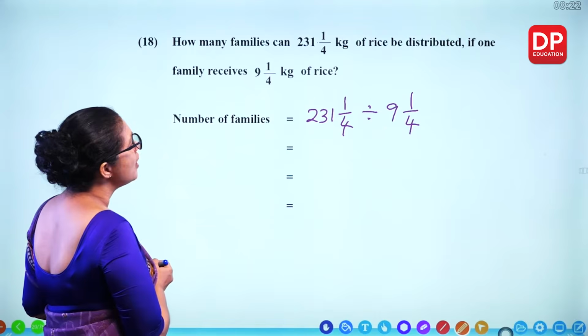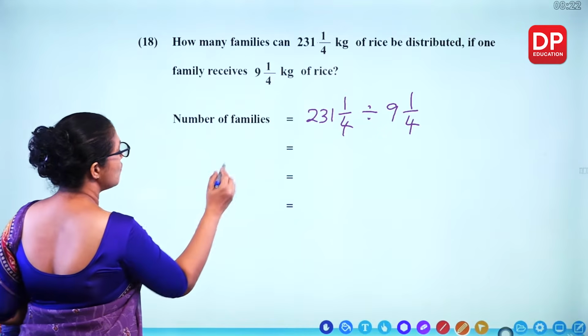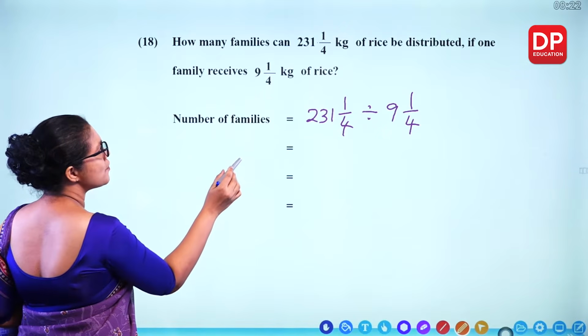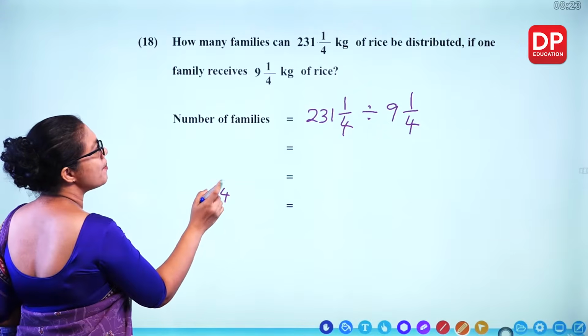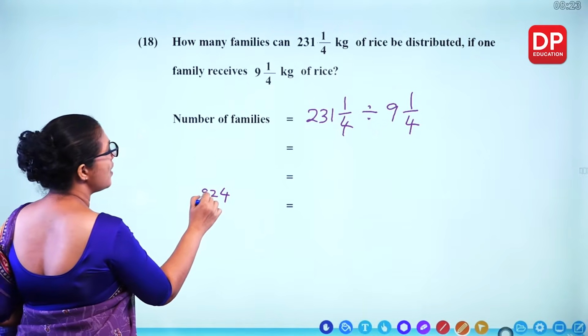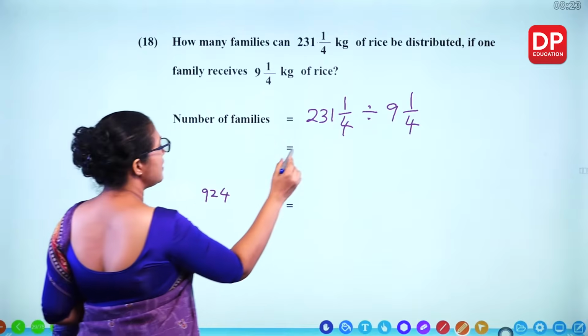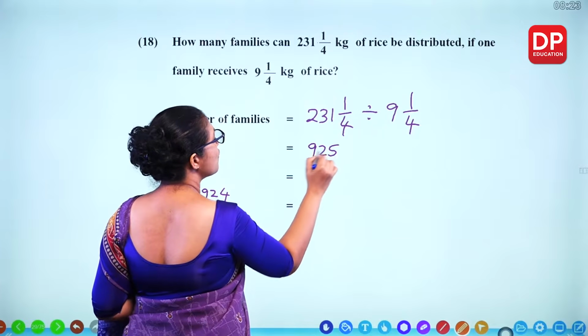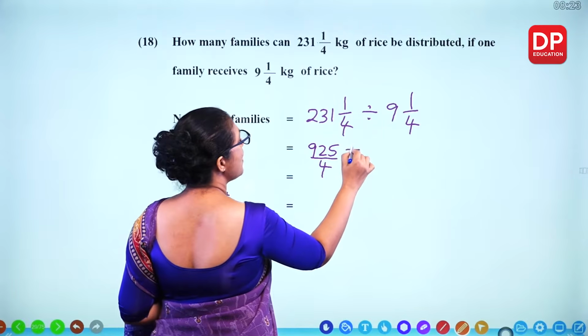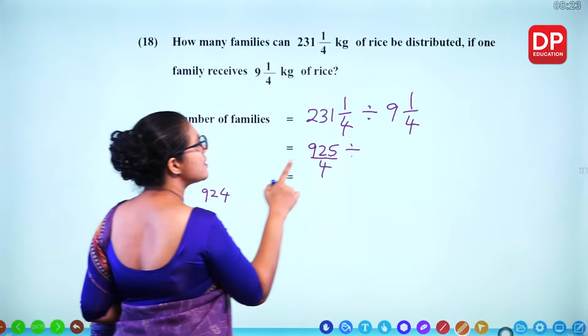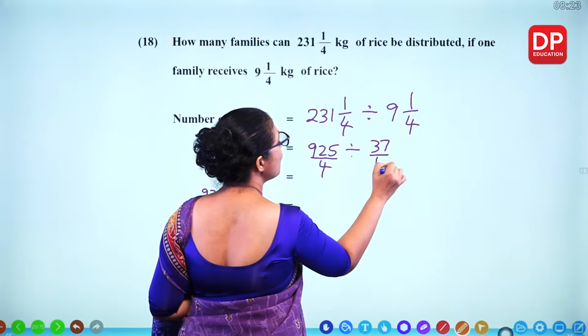Convert to improper fractions first. 4 times 1, 4. 4 times 3, 12. 1 remaining. 4 times 2, 8 plus 1, 9. And when you add 1 there, 925/4. Divide by 9 times 4, 36 plus 1, 37/4.